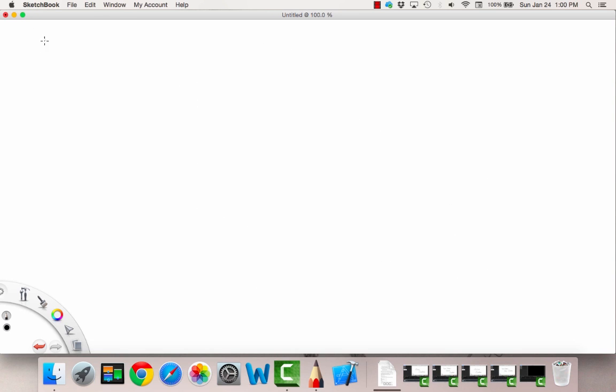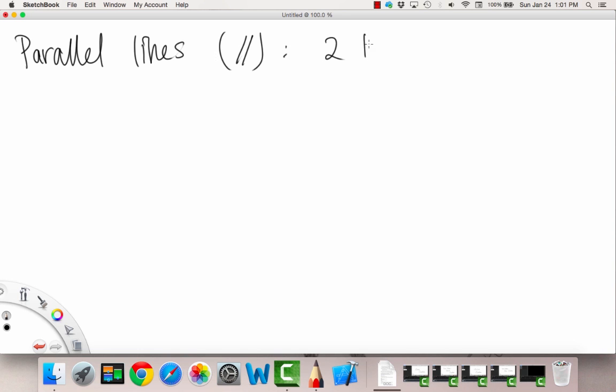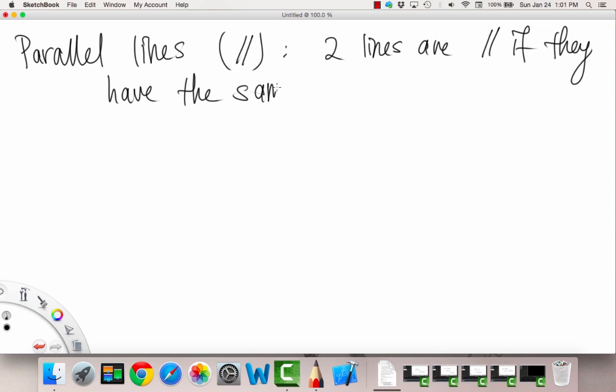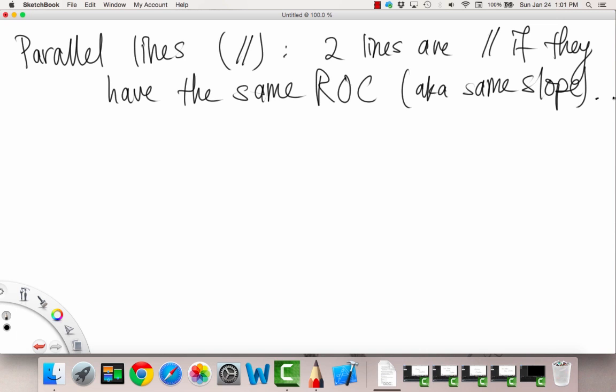Okay, now let's go over parallel and perpendicular lines. So we'll start with parallel. Parallel lines are usually denoted by the symbol of 2 slanted lines. Parallel lines mean that 2 lines are parallel if they have the same rate of change, aka the same slope, m.